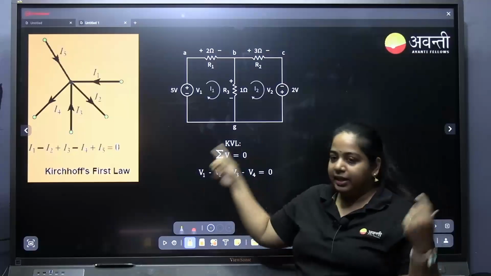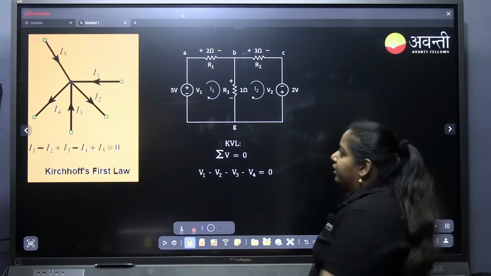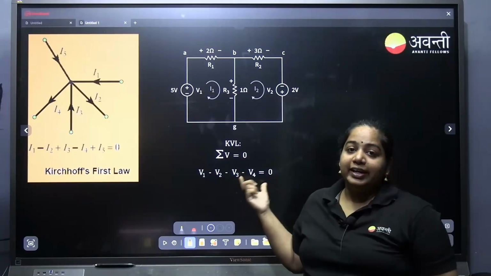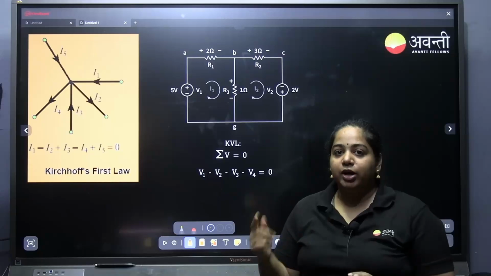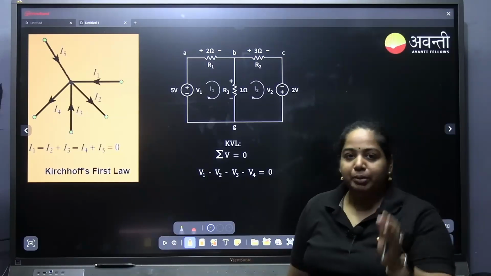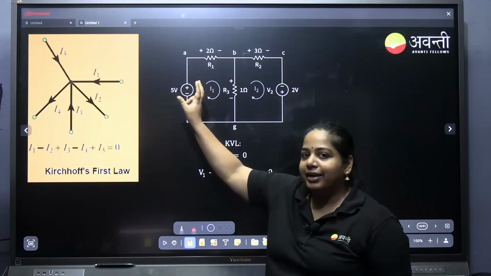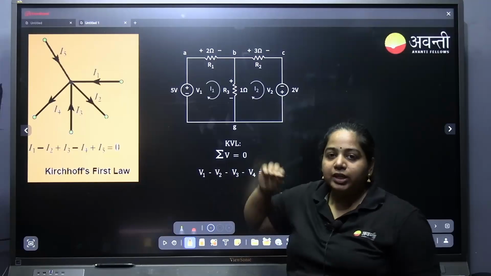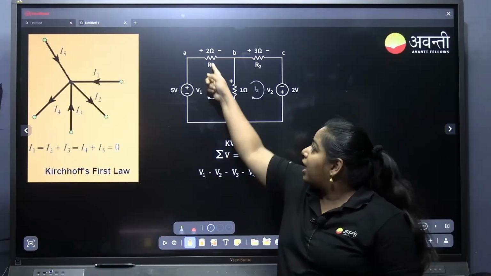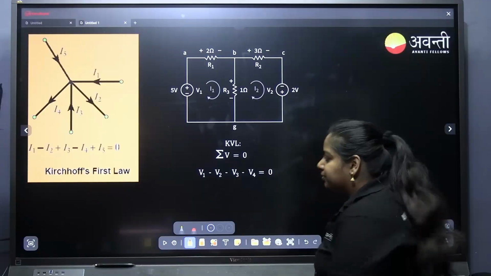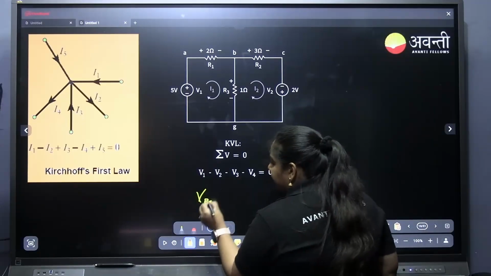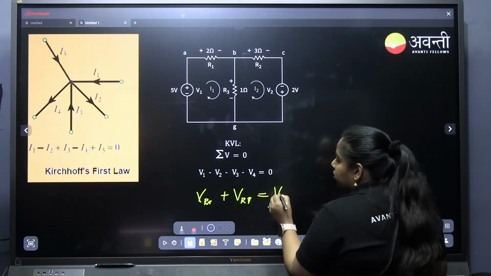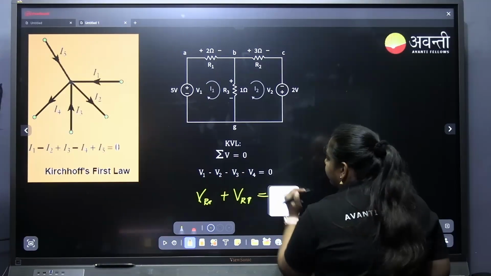Then coming to KVL, it might be a little complicated. See, if you add the total potential in one loop, you will get 0. Its simple meaning is this. We have one battery. This battery is providing potential to this and this. So its potential is divided between R1 and R3, which means potential across R3 plus potential across R1 will be equal to our battery EMF.